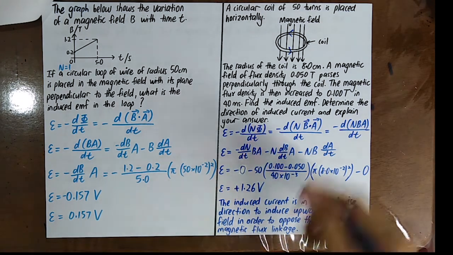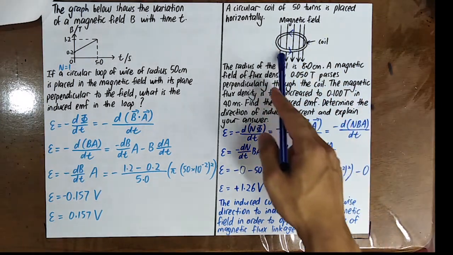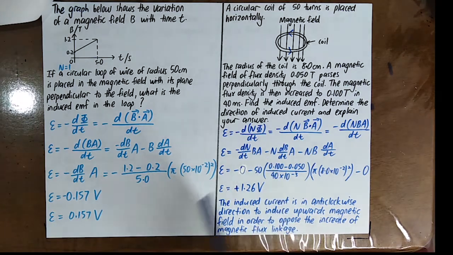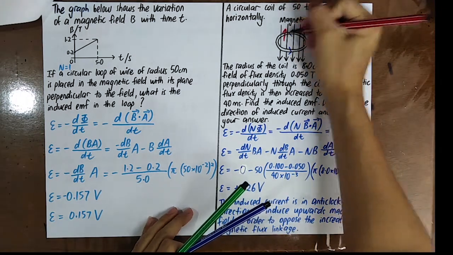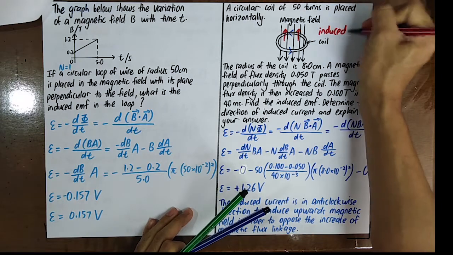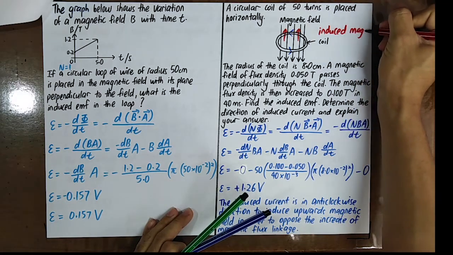So you know that the external magnetic field is increasing, so your induced magnetic field should be in the upward direction. So this is your induced magnetic field.